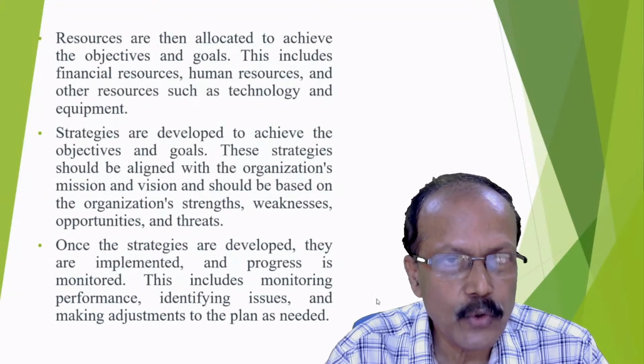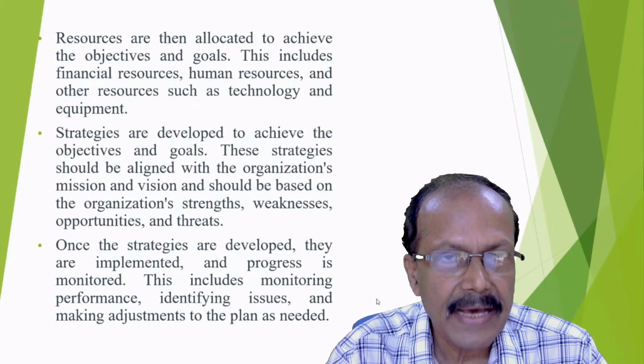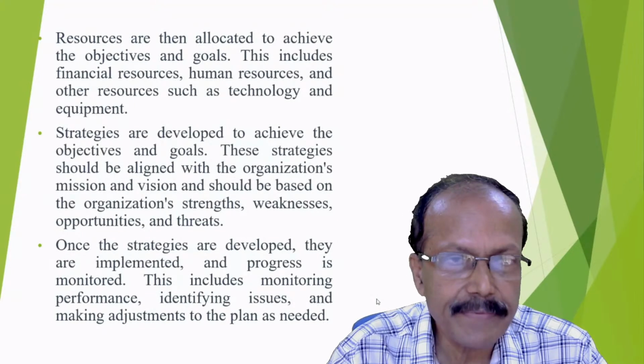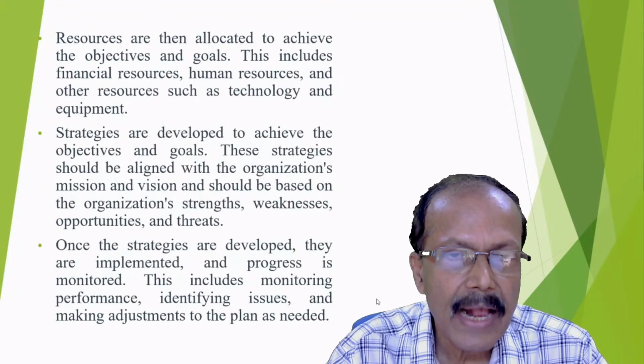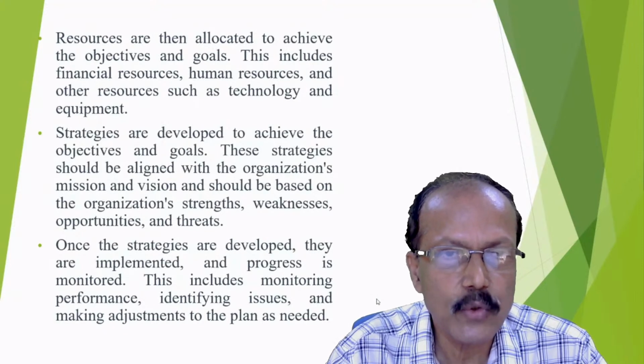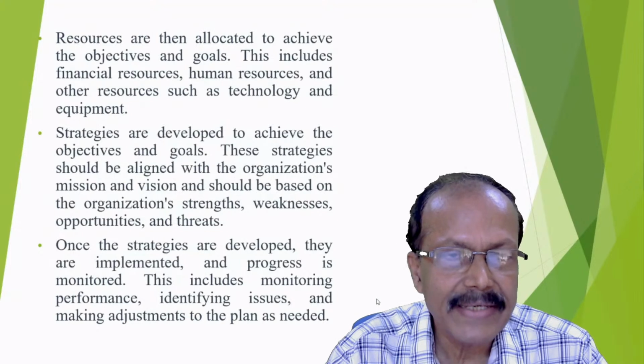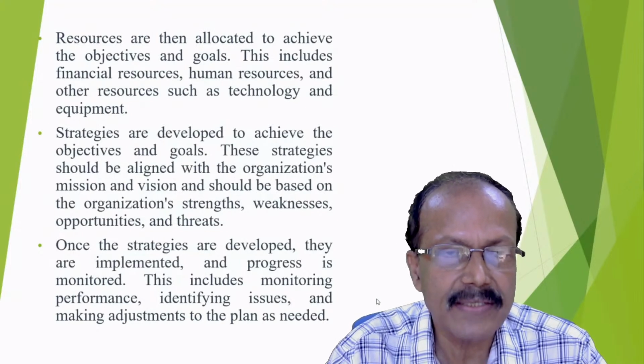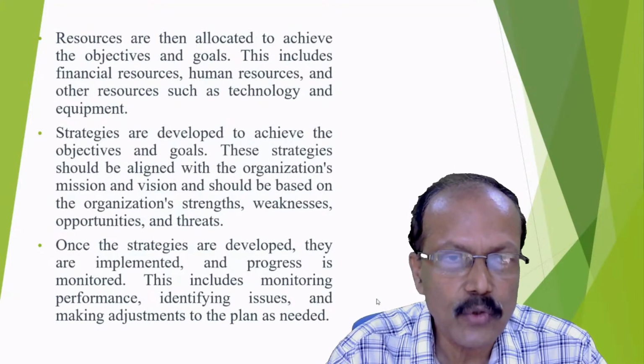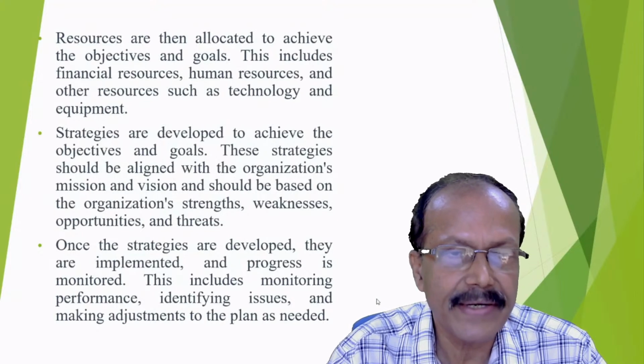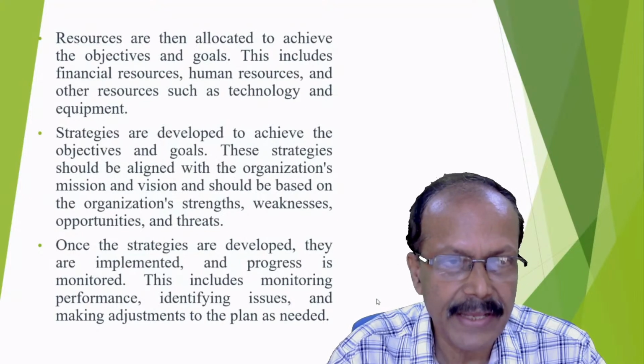With respect to resources, they are then allocated to achieve the objectives, and also the human resources, material, financial resources, the technology resources and equipment that is available in the organization.